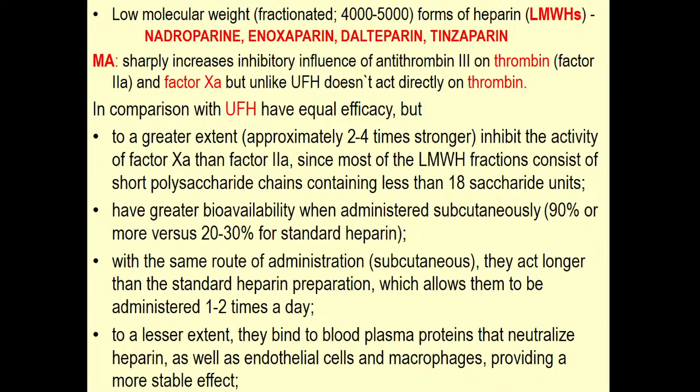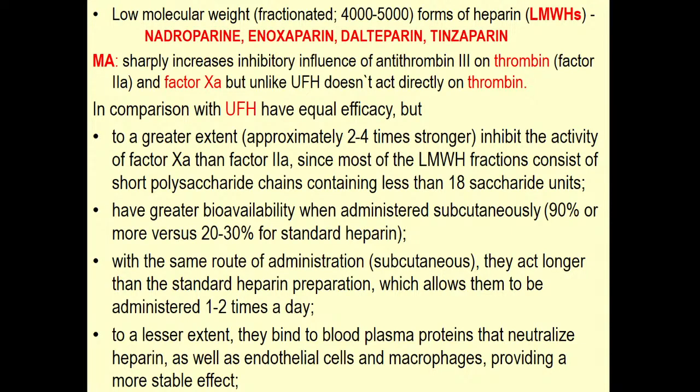They have greater bioavailability when administered subcutaneously, 90% or more, up to 100, versus 20 to 30% for standard heparin. With the same route of administration, subcutaneous, they act longer than the standard heparin preparation, which allows them to be administered 1 to 2 times a day.